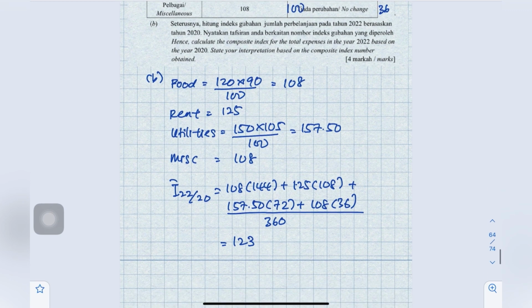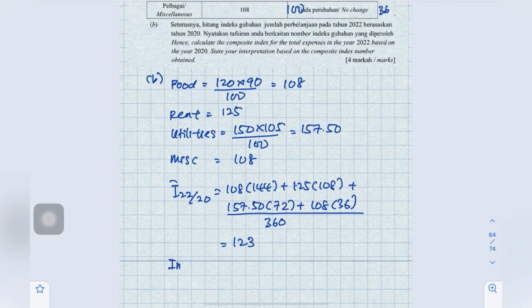Then interpret: an increase of 23% from 2020 to 2022.